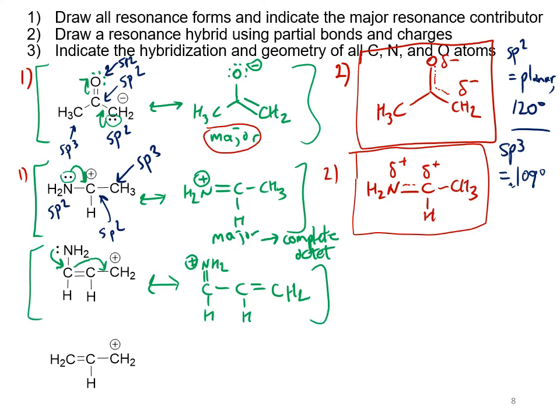When we think about our resonance hybrid, we're going to have NH2 to carbon to CH2. And this will have a partial bond here, partial bond here, partial double bond here, with partial positive charge on this carbon, partial positive charge on nitrogen, and partial positive charge on carbon.